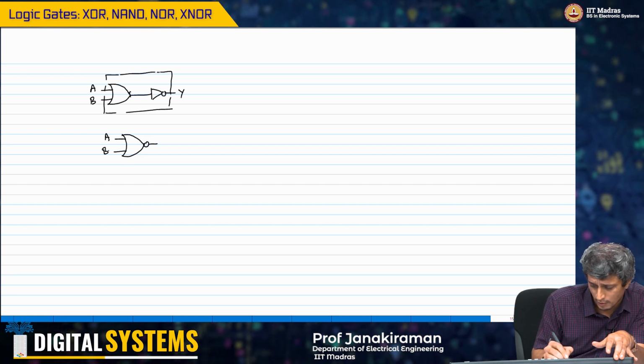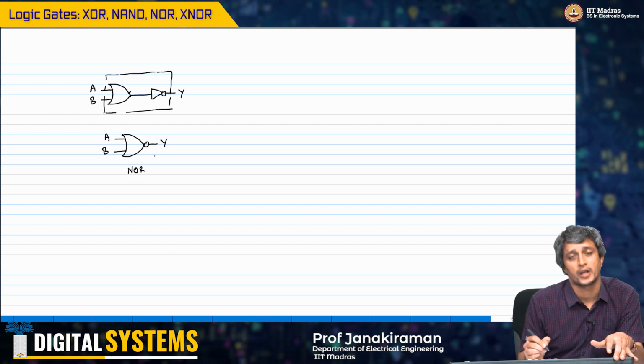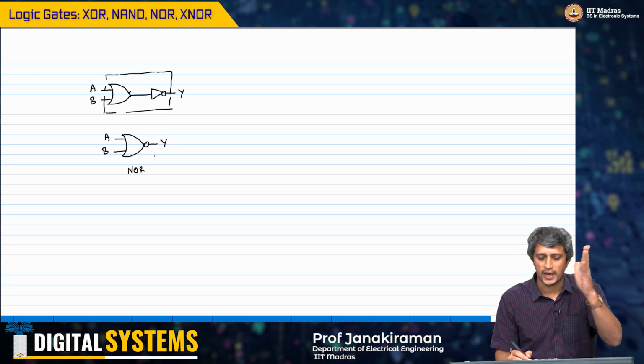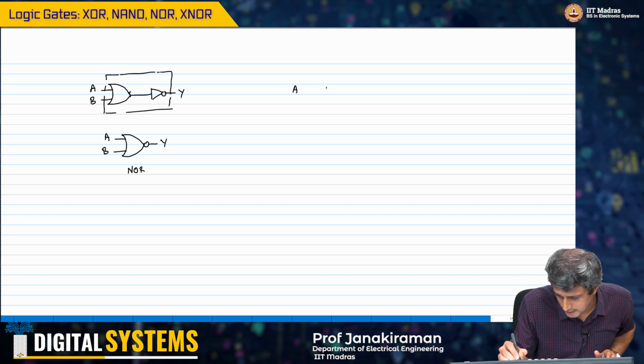Just like AND became NAND, OR became NOR. And the truth table is this, A, B, Y.